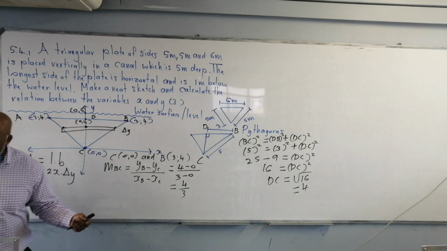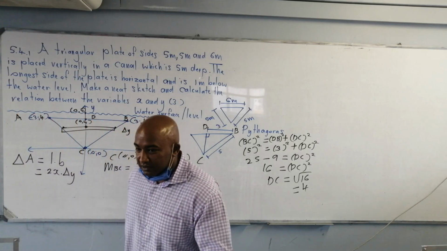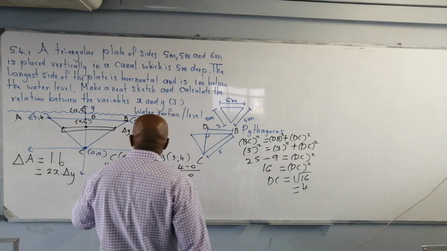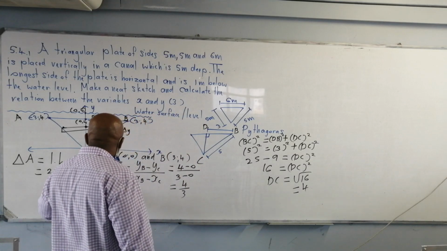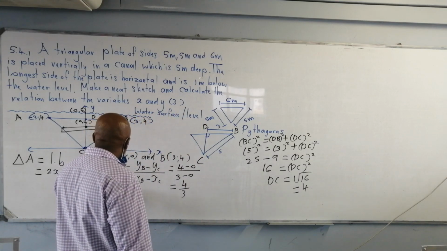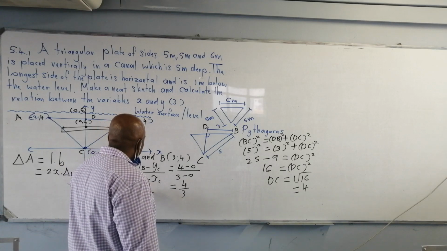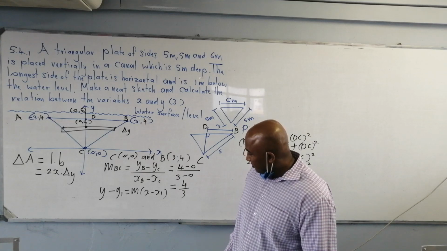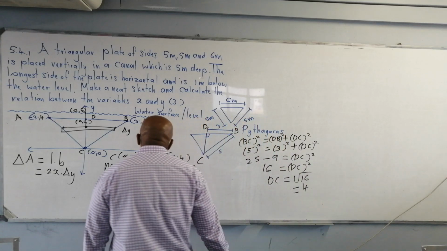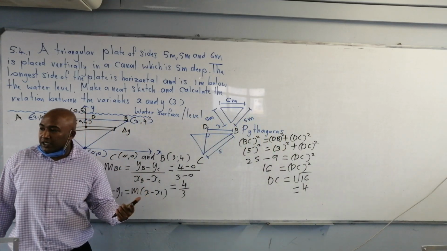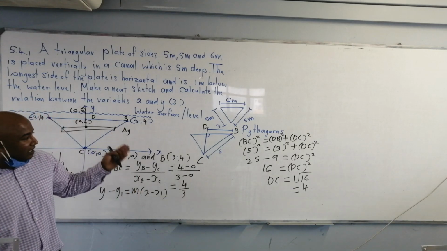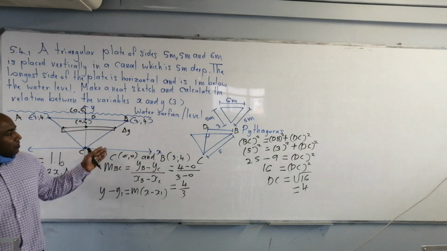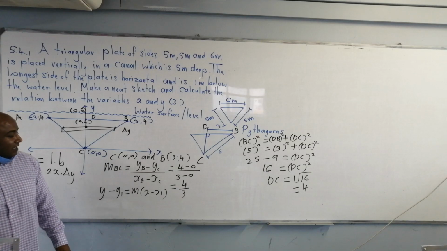Now, what is the equation of a straight line? So that is my gradient. The equation is y minus y1 is equal to m into x minus x1 for any straight line. So we can use any point here. Although this can be done by inspection, you can use any point that lies on the line.